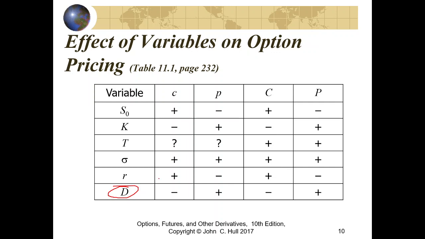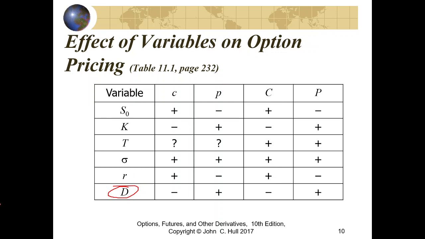Again, there is a positive relationship between the risk-free rate and call options, whether they are European or American, and there is a negative relationship between the risk-free rate and put options, whether they are American or European.